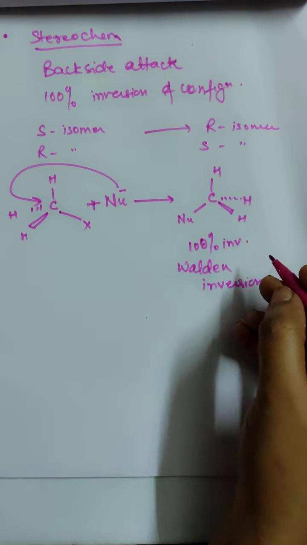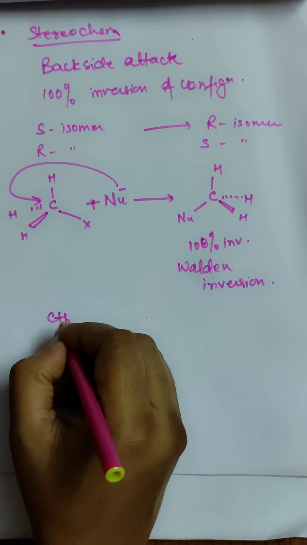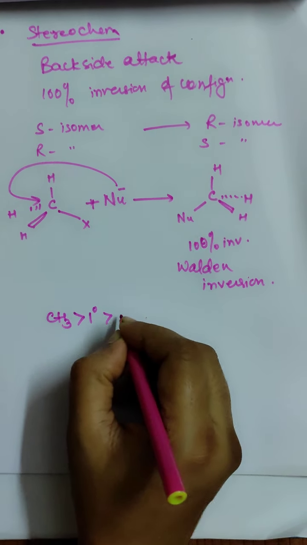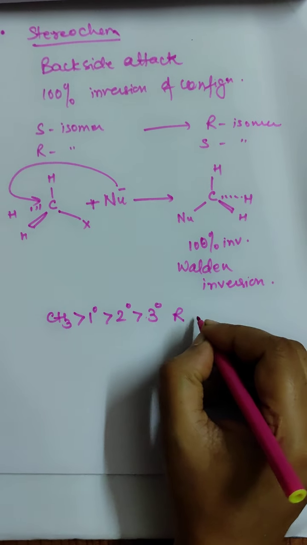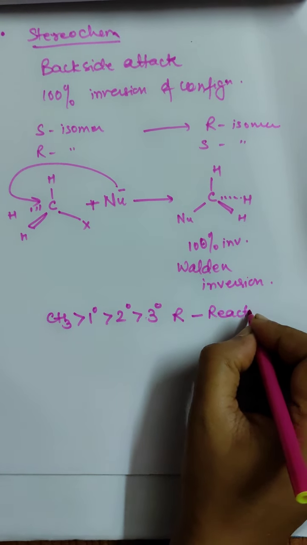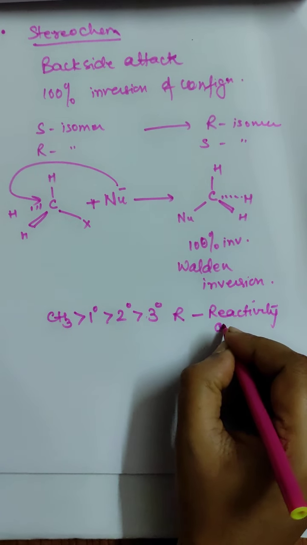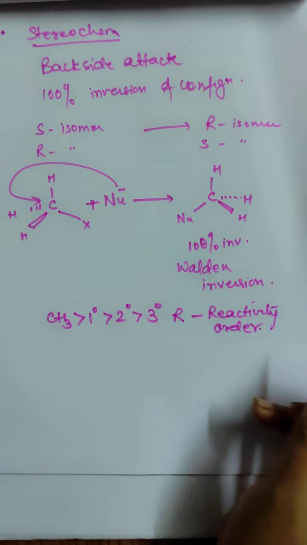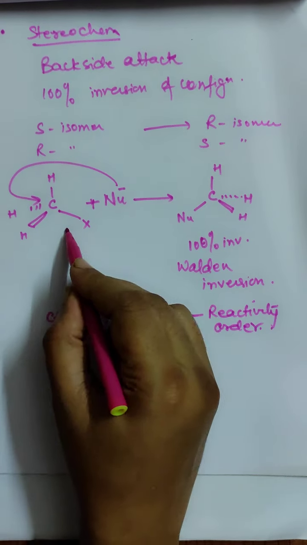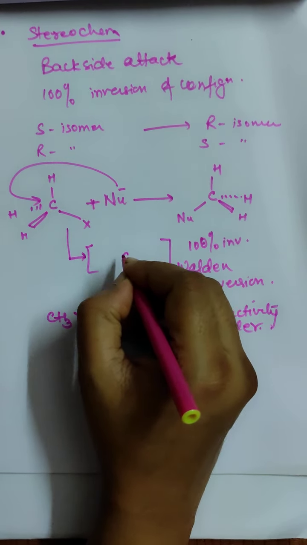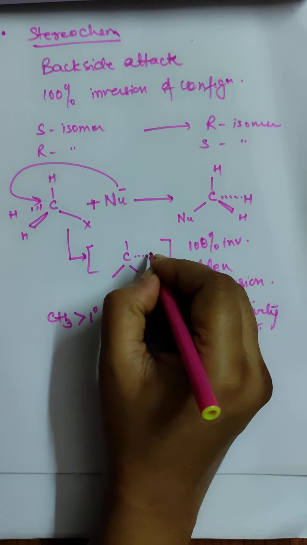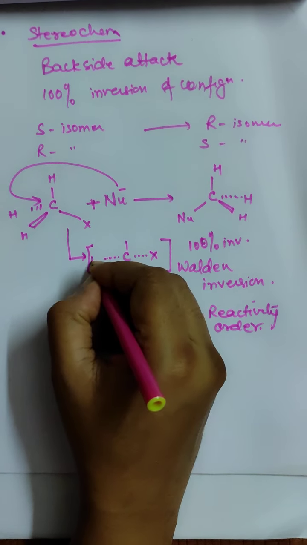Again, the reactivity order here is CH3, primary, secondary, tertiary alkyl groups. Now, why is the order like this? The intermediate formed here is a transition state with 5 bonds. You can see here it will be something like this. I have written it earlier also.